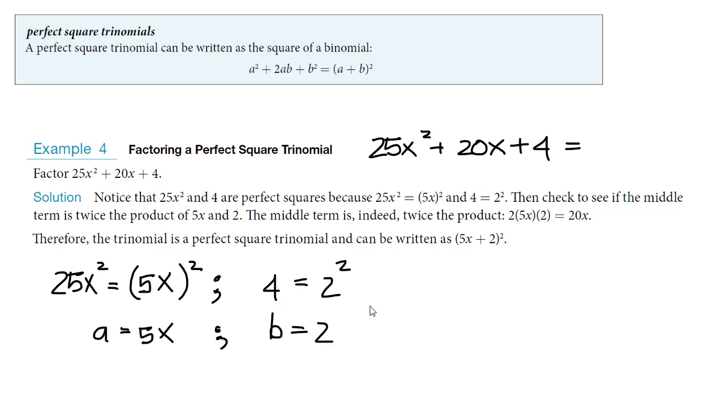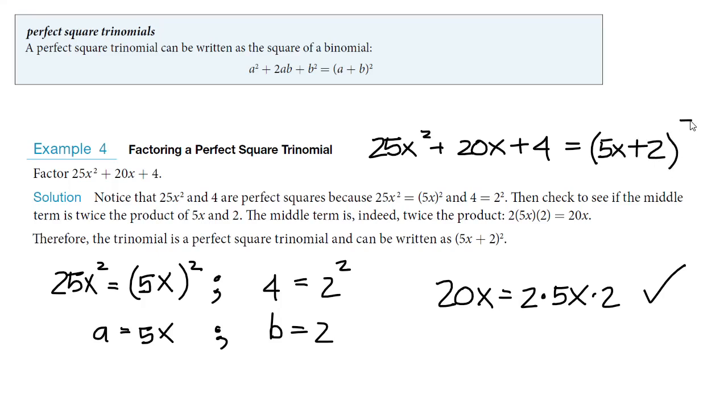Okay, now is it true the middle term, 20x, does that equal 2ab? So does that equal 2 times 5x times 2? And yes, it does. So I know this is a perfect square. Therefore, I can write it as a, which is 5x, plus b, which is 2, all squared.